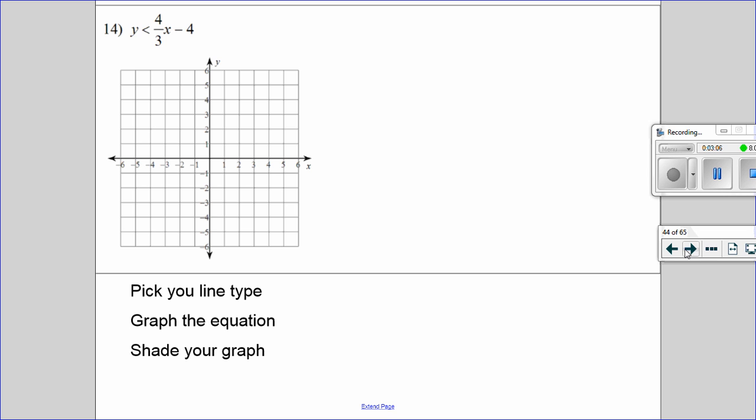Okay, now here, I want to go through my steps again. I want to pick my line type, but this one does not have the equal to sign, so we're going to use a dash line. All right, next we're going to graph the equation using that dash line.